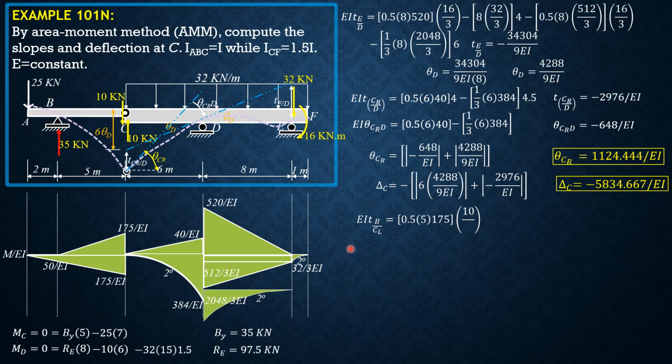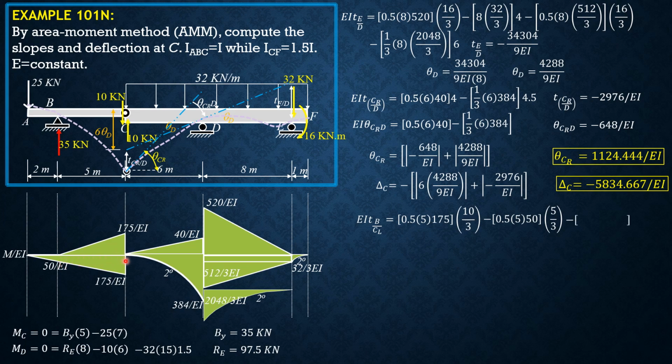So EI deviation of B relative to C left is equal to the moment of areas between B and C left with respect to B. So 0.5 of 5 times 175. Then the distance of the centroid from B is 2/3 of 5, so 10/3. Then there is a trapezoidal area here. Let's divide it into two triangles.